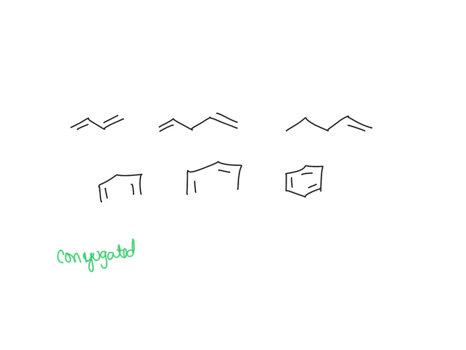So if I put these on the board, could you classify either as conjugated or isolated double bonds? Can we all agree that they all have double bonds, these compounds?